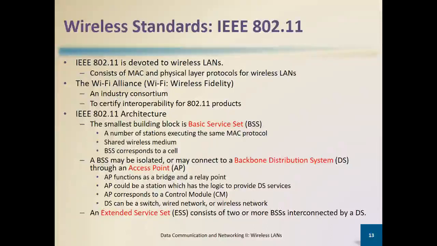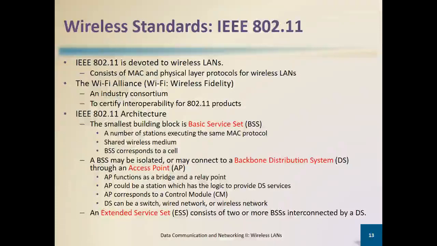So generally we say the access point functions as a bridge and as a relay point. Basic service sets can interconnect to the backbone distribution systems. The access point can also support stations which have the logic to provide other distribution services.